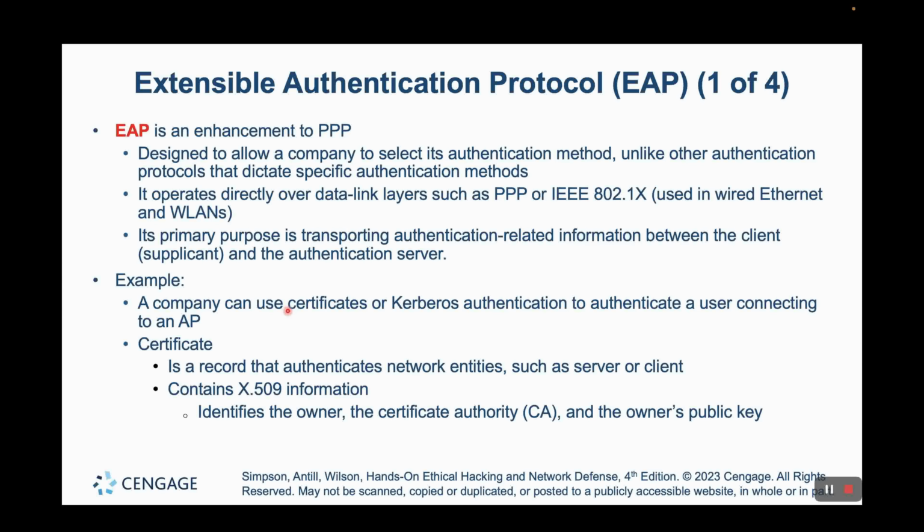Now, another example, a company can use certificates or Kerberos authentication to authenticate a user connecting to an access point here. Just briefly, we will go into certificates in a different video lecture. It's a record that authenticates network entities such as a server or client.